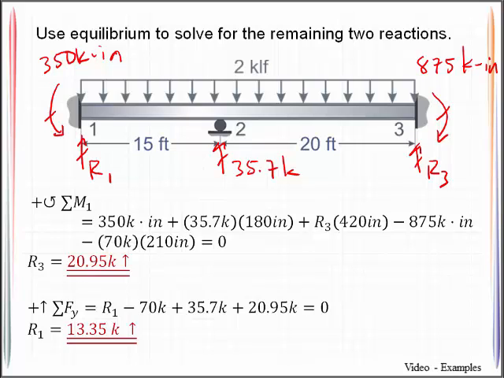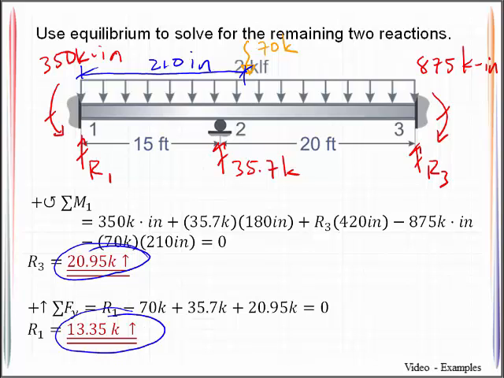And I can do that using the equilibrium equations that I have below. It may be helpful for you to remember that I have a total resultant force here of 70 kips, and that would be a moment arm of 210 inches. So you'll see that in the respective equilibrium equations that we've got running, and we can then solve for these values.